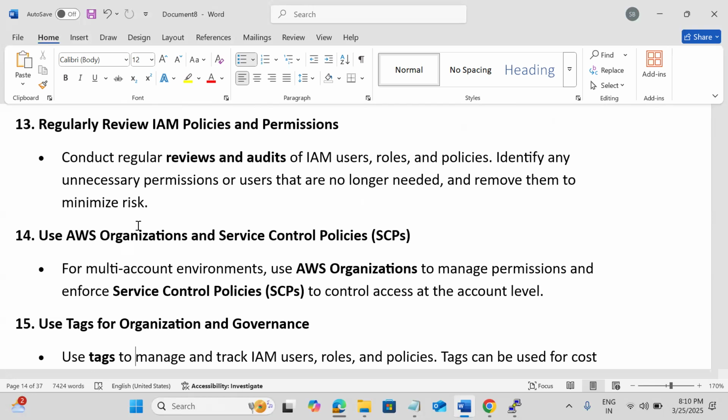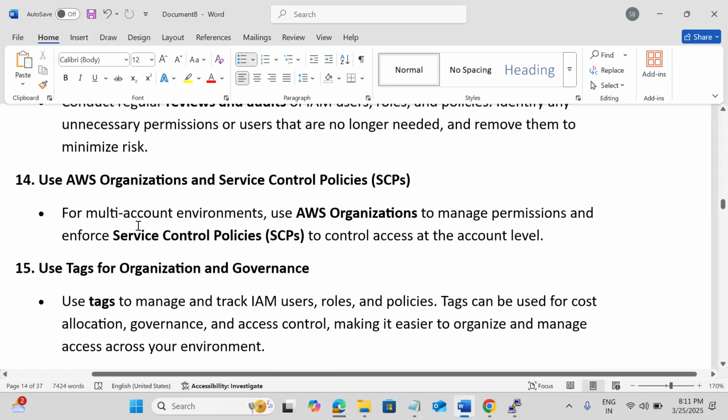For that we set up SCPs, service control policies, which we enforce at the multiple-account organization level.